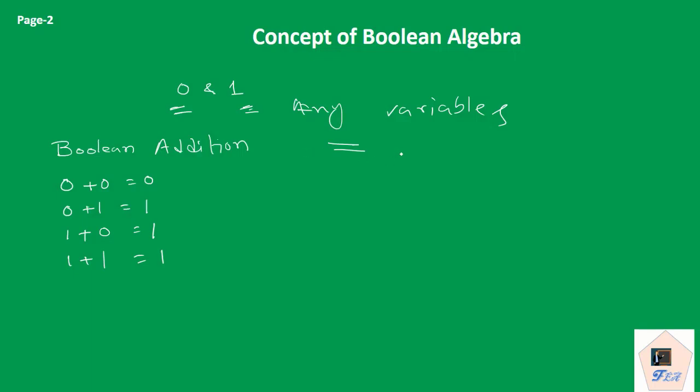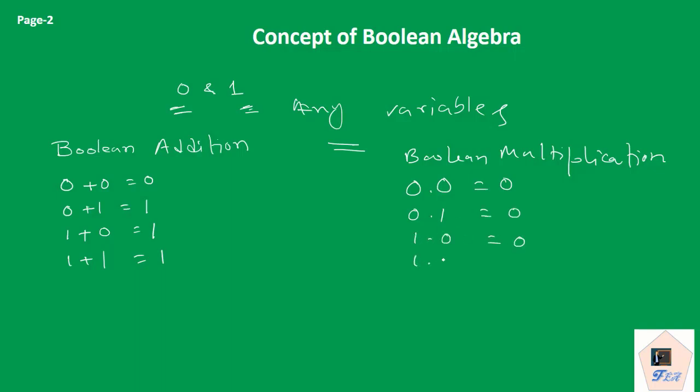Similarly, we have Boolean multiplication. In Boolean multiplication, 0 dot 0 is equal to 0, 0 dot 1 is 0, 1 dot 0 is also 0, and 1 dot 1 gives us 1.